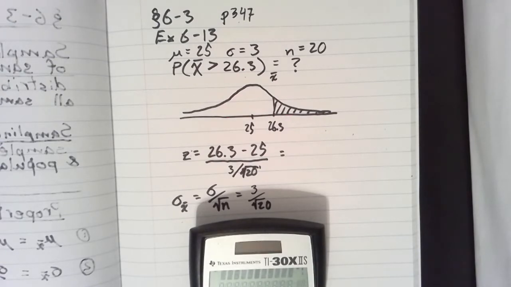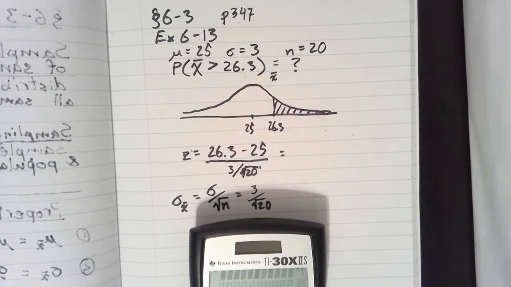Example 6-13, we're talking about the hours that children watch television. And this problem is about essentially the central limit theorem. Even though the distribution itself is normally distributed, that basically doubles down on the idea that the distribution of sampling means is absolutely going to be normally distributed.